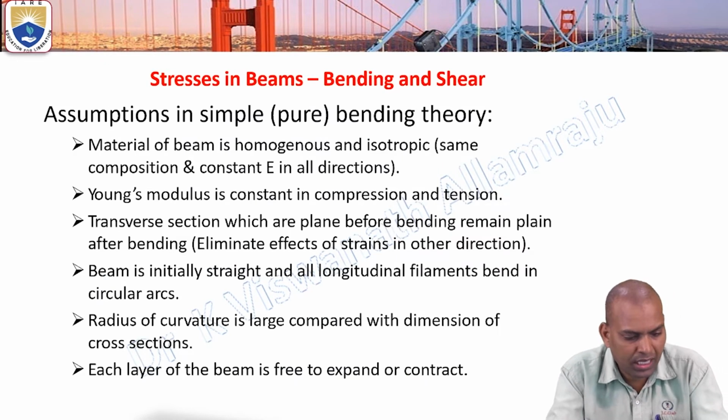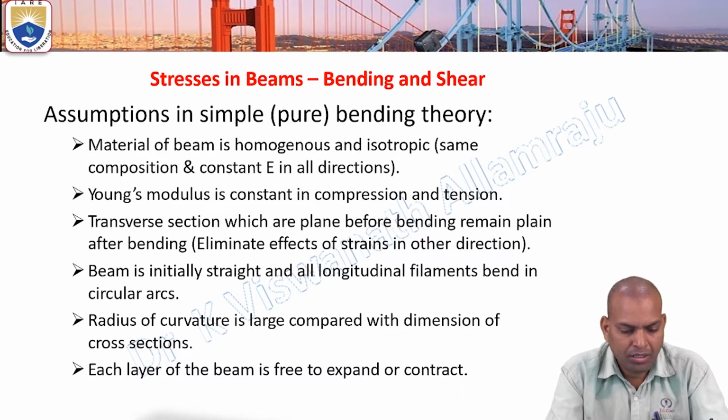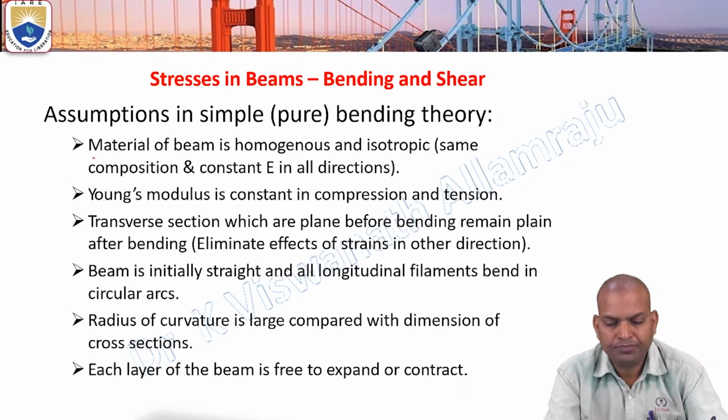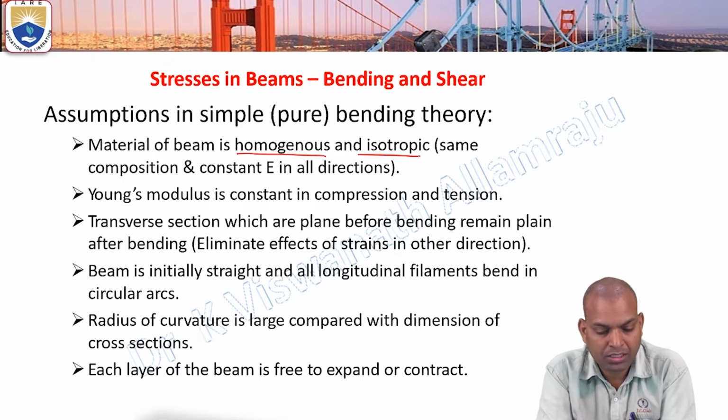There are certain assumptions in order to prove the pure bending theory, or simple bending theory, or flexural theory. The assumptions are: the material of the beam is homogeneous and isotropic.